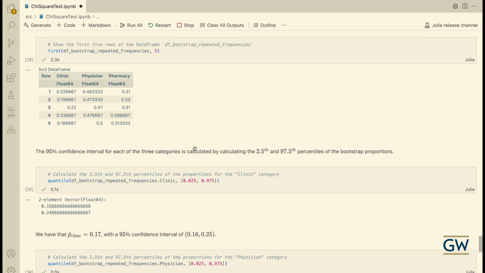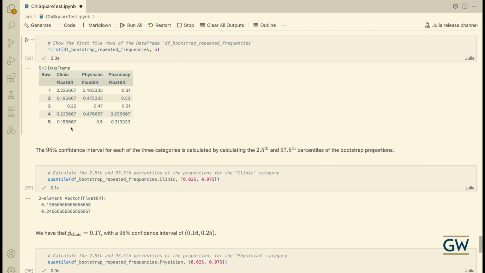So what I'm doing with these percentiles, remember, is taking all these 100,000 proportions in the clinic column, putting them all in ascending order, and calculating the 2.5th percentile value and the 97.5th percentile value, so that I capture the 95% most common values in the middle.